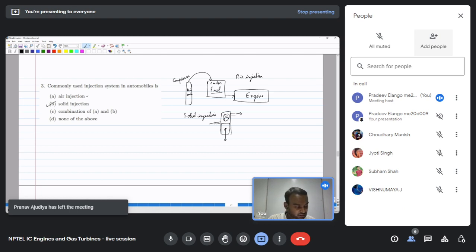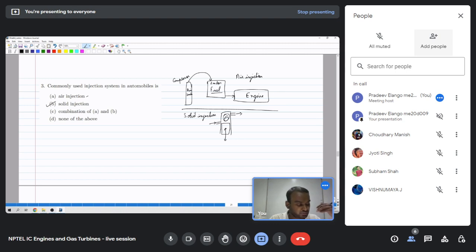In case of a solid injection system, you have a pump with a plunger which pushes and pressurizes the fuel, and this pressurized fuel will get to the injector and then it will get injected. So in case of solid injection, the fuel is pressurized by using a solid medium, a solid plunger. That is why it is called solid injection, and the other one is called air injection.